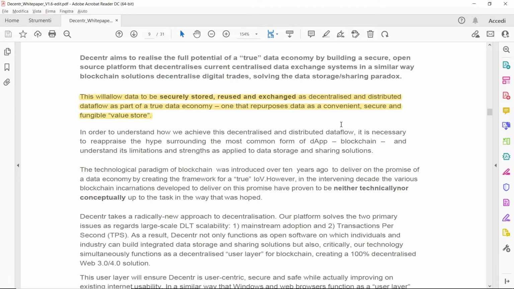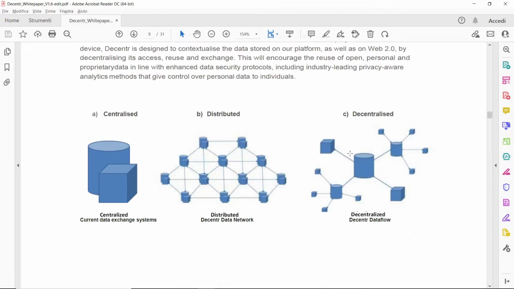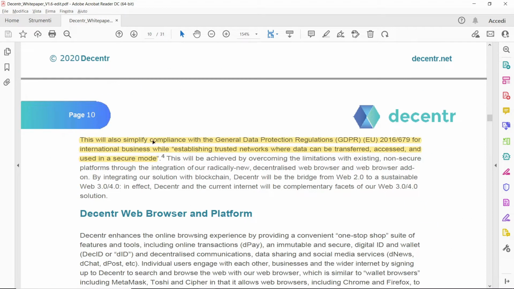And the most important thing for users who care about privacy is that thanks to the blockchain technology, our data, being encrypted and distributed in the network, will be completely safe and secure unless we give our consent to use it. So this will be 100% in compliance with the GDPR regulation of Europe.